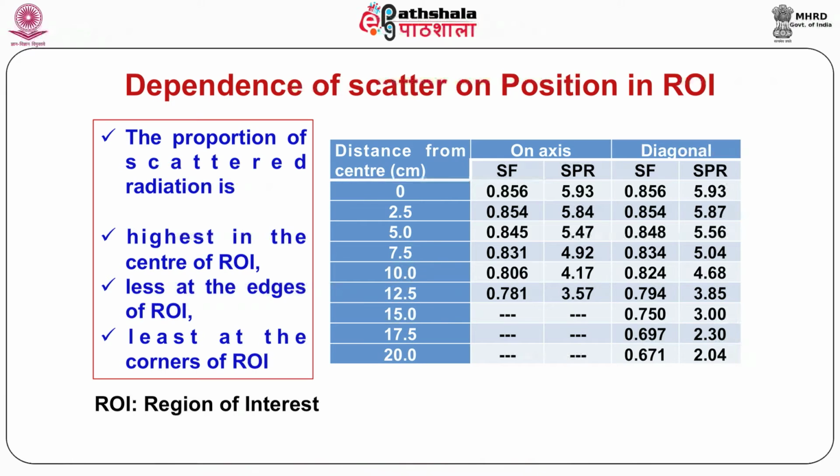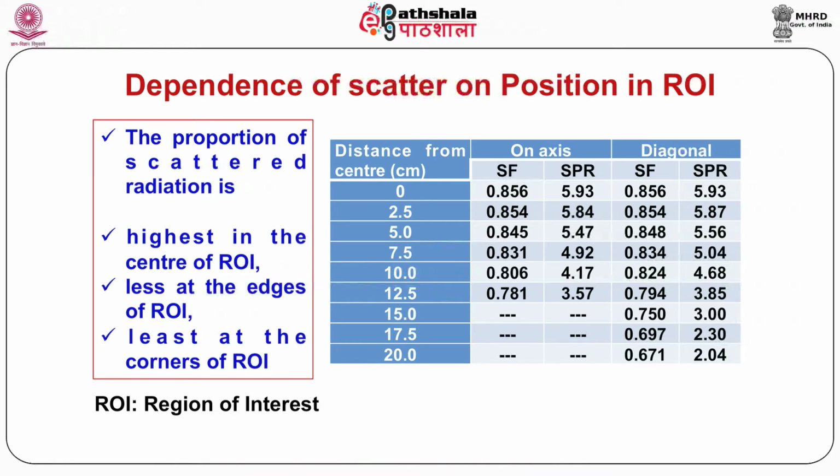And in this way, if we go to a larger distance on axis and on diagonal axis, we see that the value of SF varies slightly, but value of SPR varies significantly.